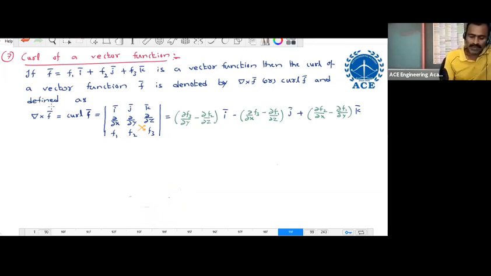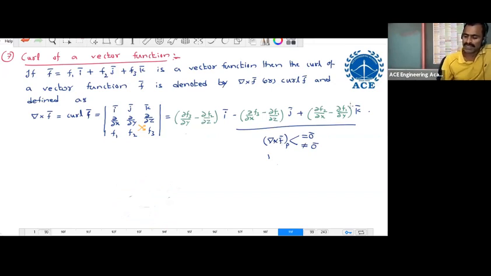So for this curl, input is vector function, output is also vector function only. Like divergence, we calculate the curl at a particular position in a flow of quantity only. If we calculate the del cross F bar at a particular point, then this may be either zero vector or may not be zero vector, because del cross F bar is a vector only.